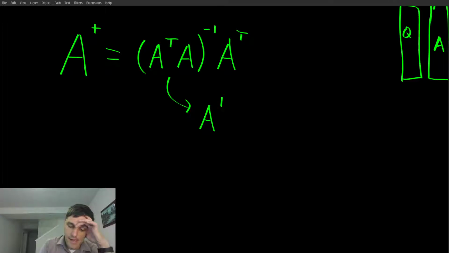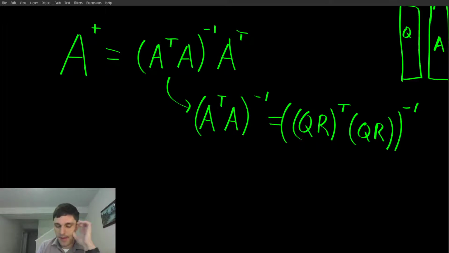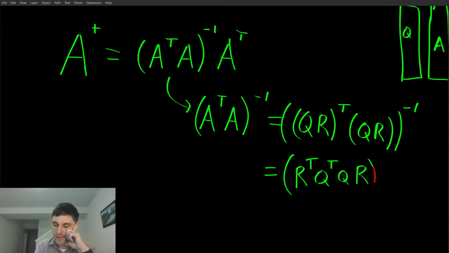A transpose A inverse is QR transpose QR inverse, which is equal to R transpose Q transpose QR inverse, just distributing the transpose there.